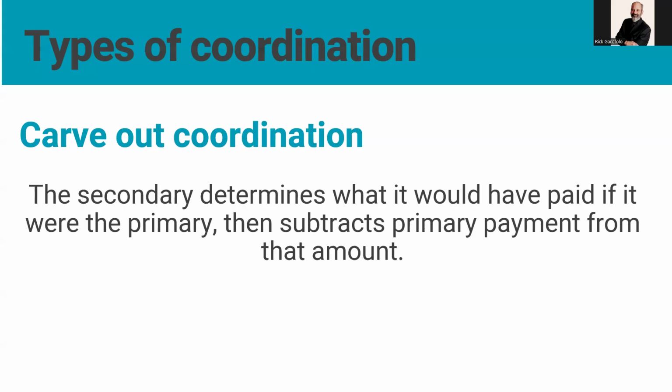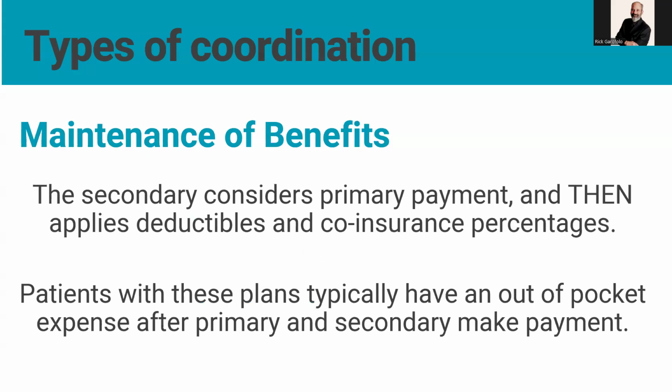The patient's going to owe that $30 difference between the $50 combined insurance payment and that $80 allowance. And we're going to go over these in more detail towards the end with specific examples. But I just want everybody to understand it and hear it 2 or 3 times as we go through.